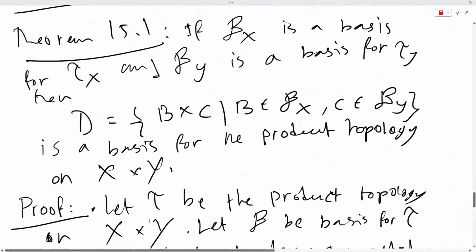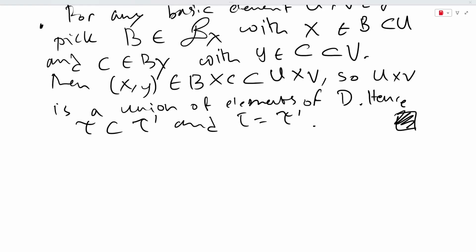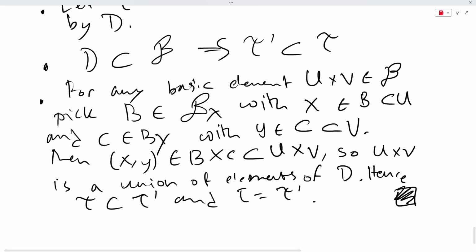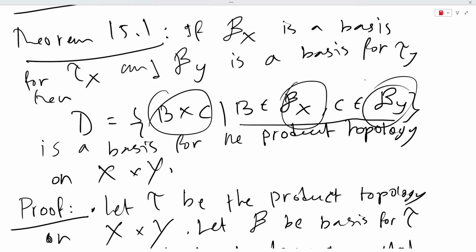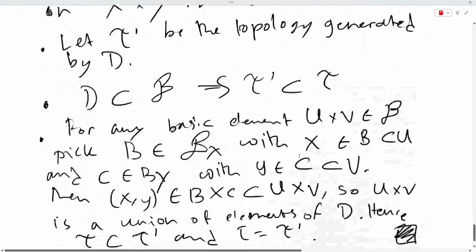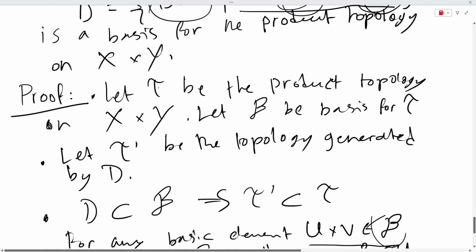So that was reducing the basis. Now also in here I said the union of elements of D, which makes sense because D is the set B times C, the set of all basis elements from both B_X and B_Y. So in this argument we picked a basis element from B, the basis that generates the topology tau.